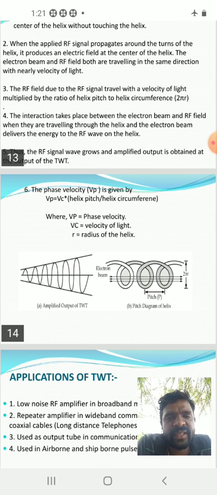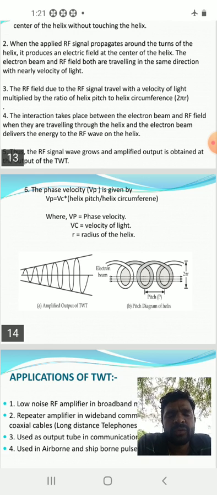Thus the RF signal wave grows, and an amplified output is obtained at the output of the traveling wave tube. In this way, the RF signal is amplified by the helix construction and the electron beam or electric field.